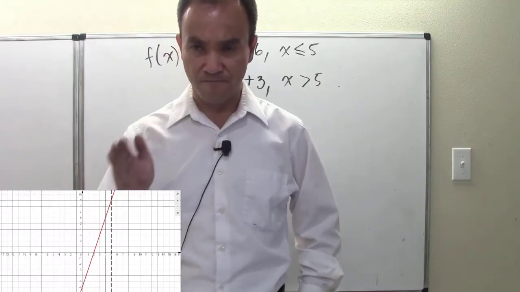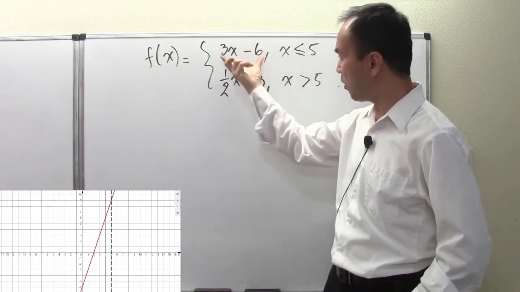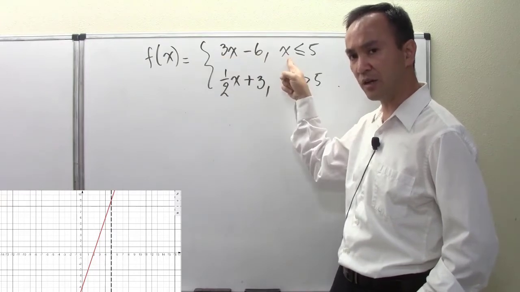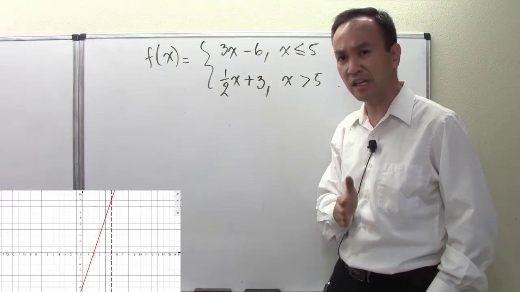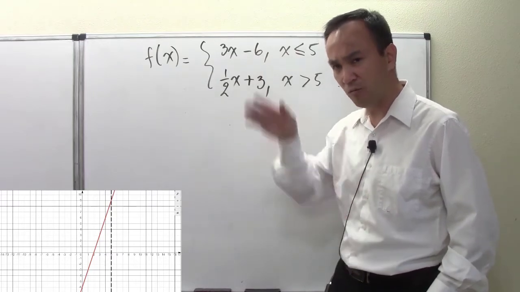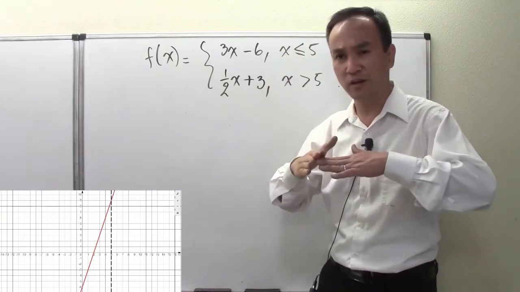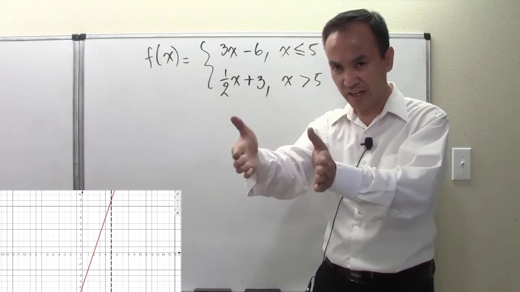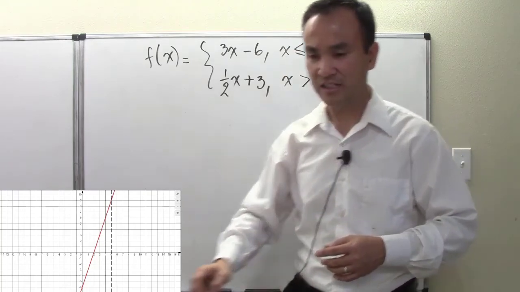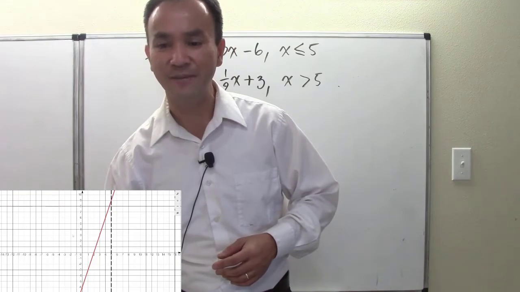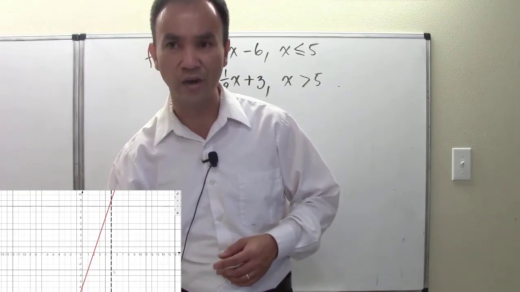Now the condition says we only want this line when x is less than or equal to 5. But as a big picture, where can we find x less than 5? You don't even need to worry about the equal for now. Where will it catch your attention when you're looking at the graph? It's going to be to the left-hand side of this vertical line, because this vertical line is right at x equals 5.